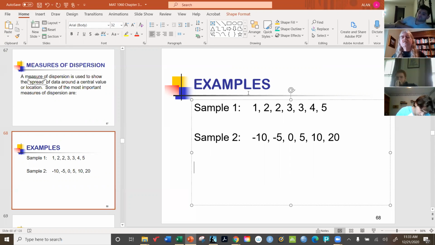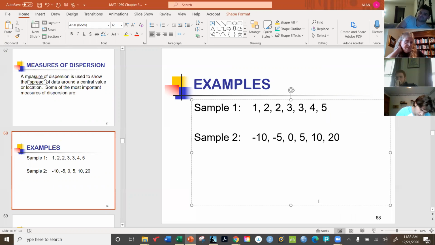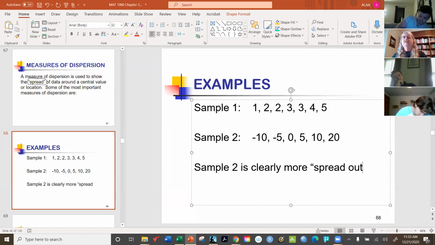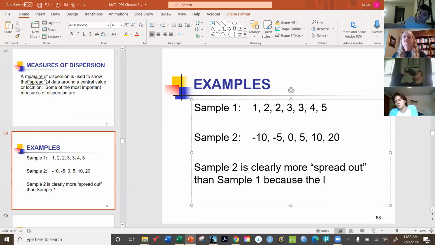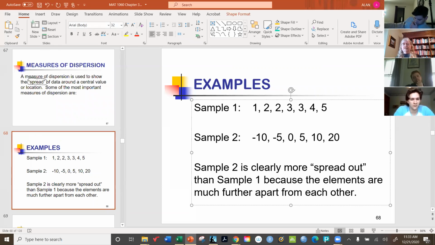So which sample is more spread out? Sample 2 is clearly more spread out than sample 1 because the elements are much further apart. So visually you can see that sample 2 is much more spread out than sample 1.